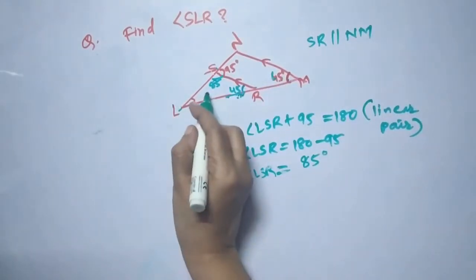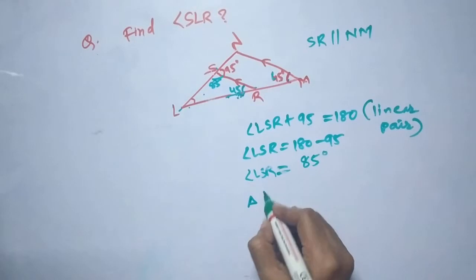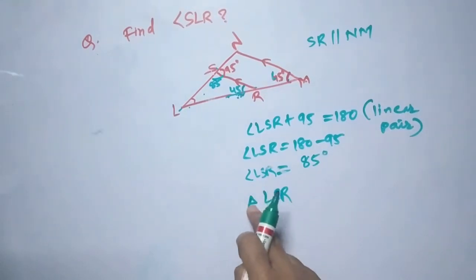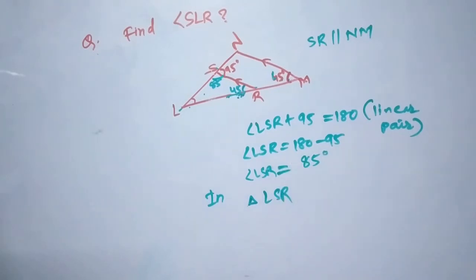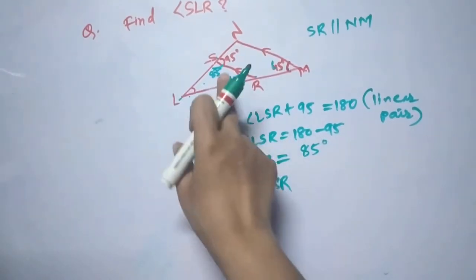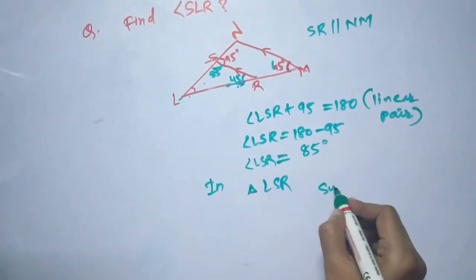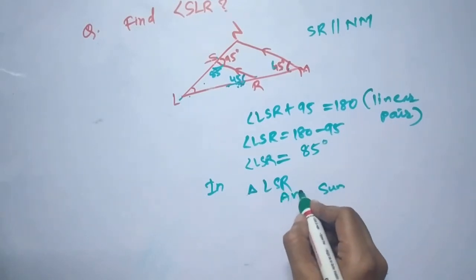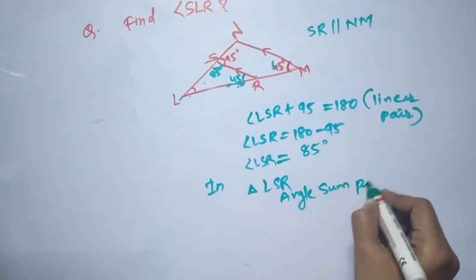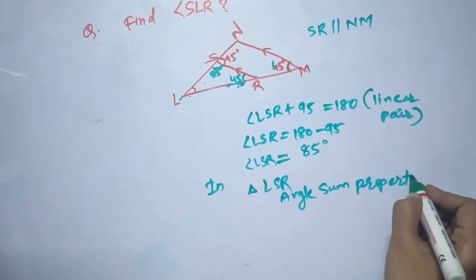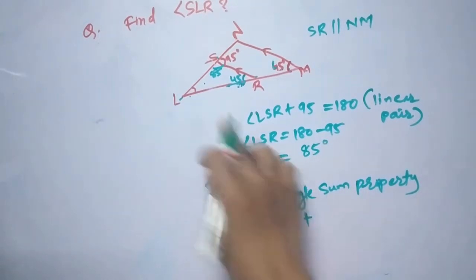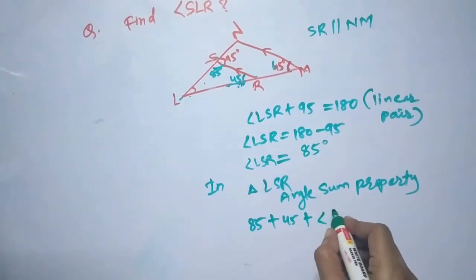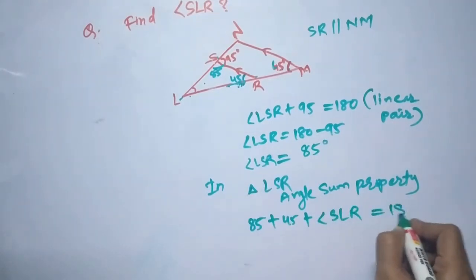So now if you notice this complete triangle, in triangle LSR, the sum of the three angles, the angle sum property, 85 plus 45 plus this unknown angle, which is SLR, is going to be 180.